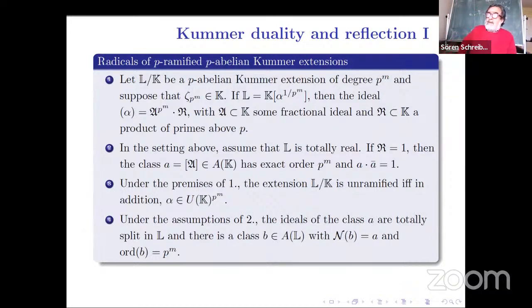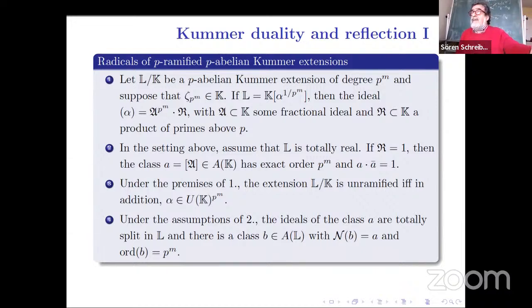Now, what happens is that in the last assumptions of this totally real extension with radical which has no ramified part, then the ideal of this class A, I don't know if you see the hand, the class of the ideal A. So all the primes of this class will split completely in L, and so there's a class in L with norm A and order B. Okay, so that's a crucial point: when reflection works from the minus to the plus part, you cannot get rid of this ideal which generates your radical.